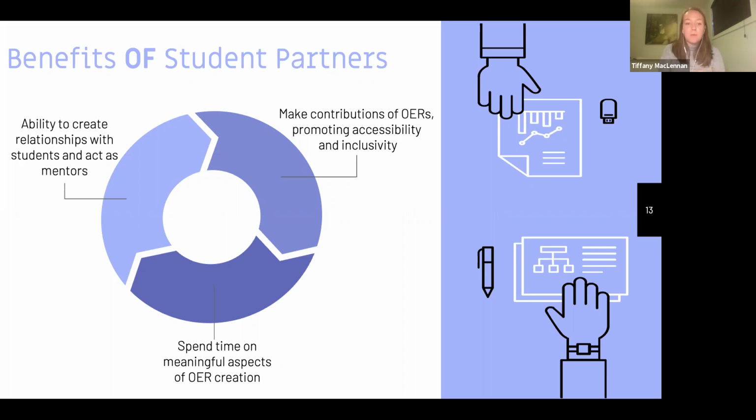The last one I have at the bottom is spend time on meaningful aspects of OER creation. And I mean this kind of in a twofold sense. So working with your students, developing these projects and working on a lot of these really great things like creating textbooks, creating different educational materials, but as well as, you know, maybe not doing some of the things you don't like and some of the things that maybe are not your strengths, because when you have partners, you can lean on each other's competencies.